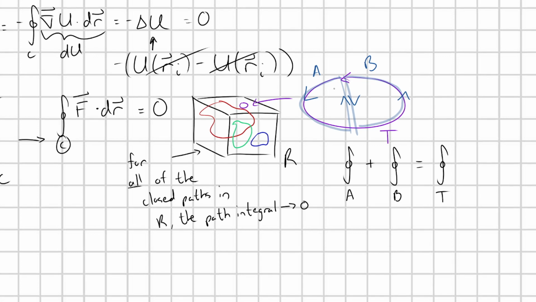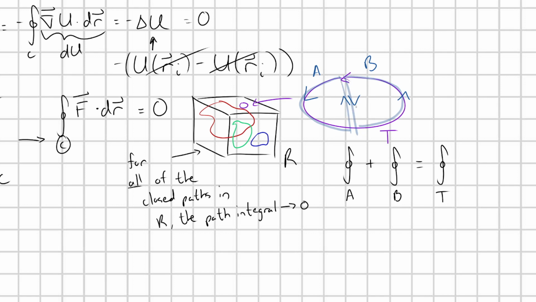Because look at what we've got going on here. For each of these paths, A and B, we have these exterior bits. So here's the exterior on path A, and here's the exterior on path B, and then we have the interior bits. And notice how the interior bits are going in opposite directions. So those are going to cancel out.